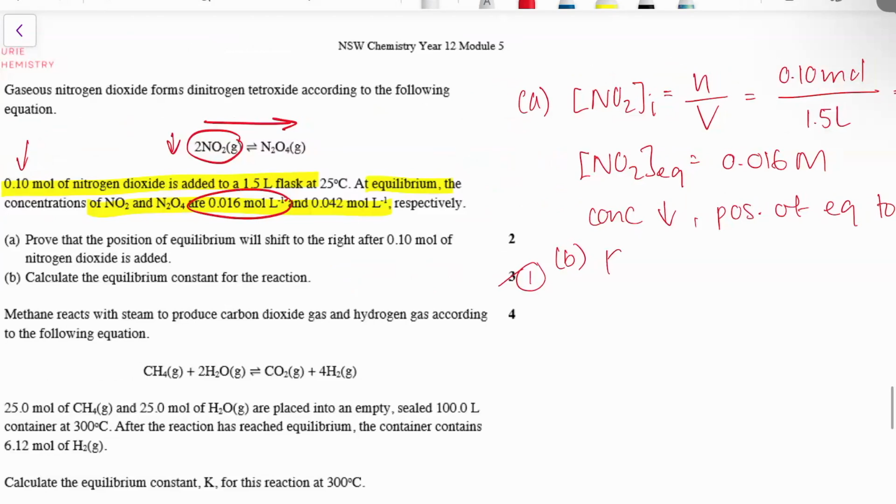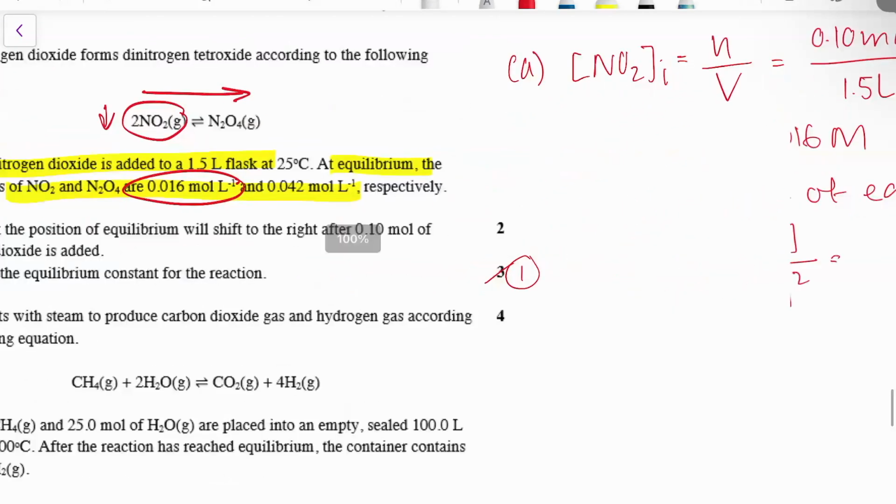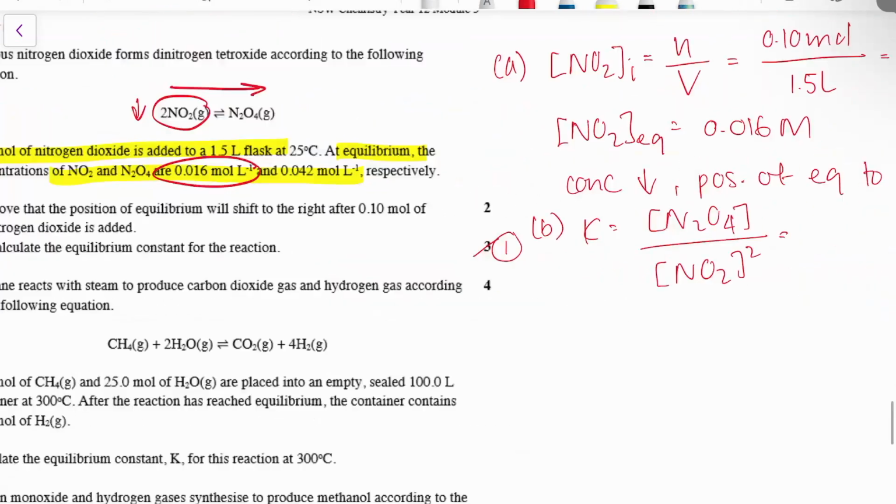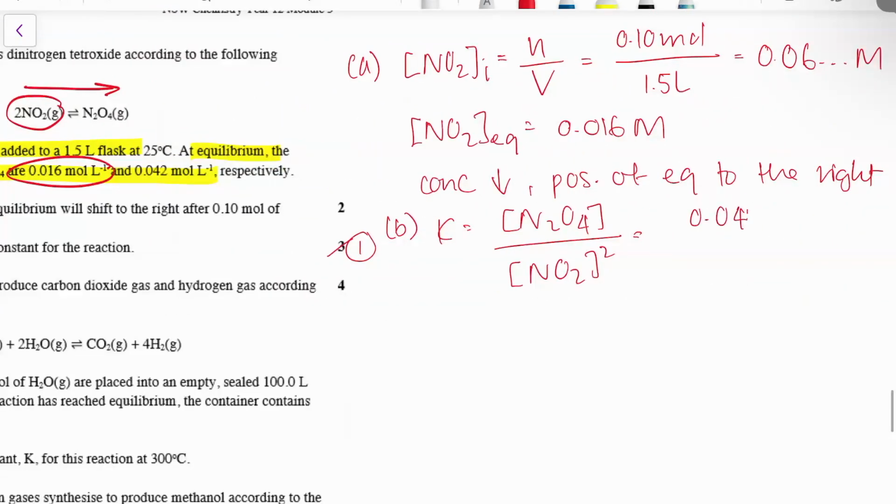This one's straightforward. K is the concentration of products, N2O4, over the concentration of reactants, NO2 squared, raised to the power of the coefficients. And then they've given you the concentrations at equilibrium. So 0.042 divided by 0.016 squared.